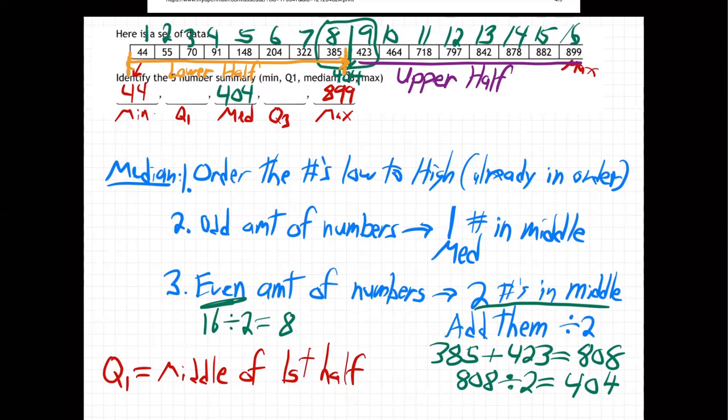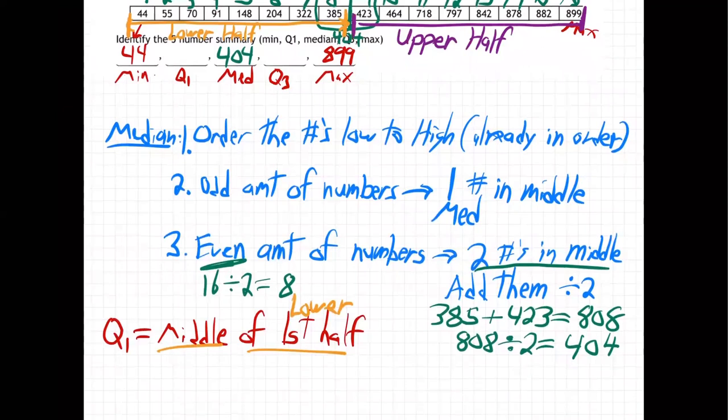And then the upper half from, try that again, from here to here. Okay, so they want me to find the middle of the first half, the lower half. So what's the middle of the lower half? Well, there's 8 numbers.